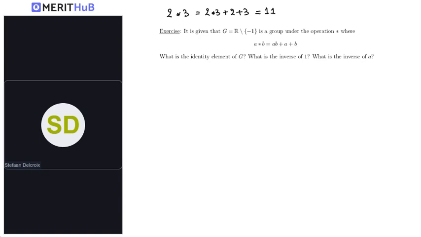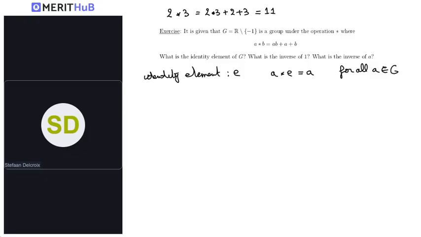Okay? So first we're looking for the identity element. Which property does the identity element have? So let's call the identity element, I typically call it E. Then what property should it have? A star E should be A for all A. So now you typically have two possibilities.